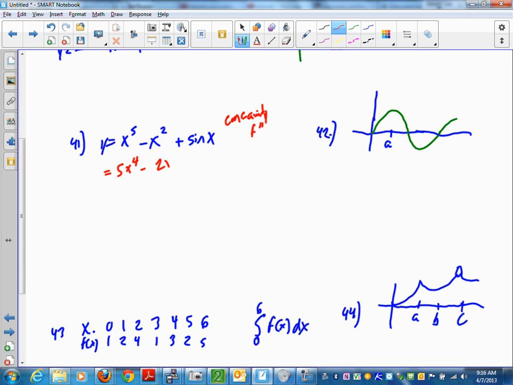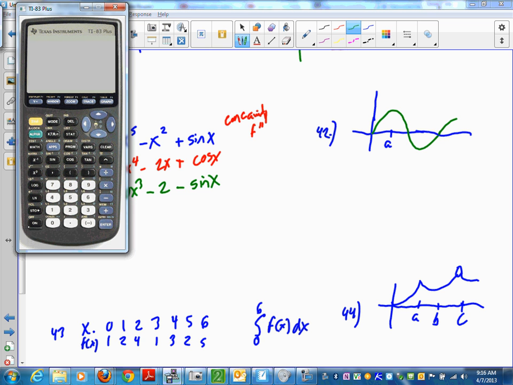So the first derivative is this, derivative of sine is cosine, and now the second derivative is 20x cubed minus 2 minus sine of x. So what are we looking for? We're looking for where this thing changes from positive to negative. So we're just going to put this in the calculator and test our points out.